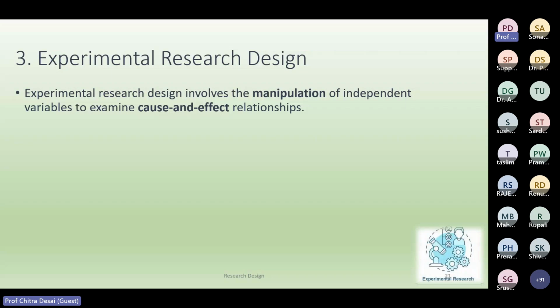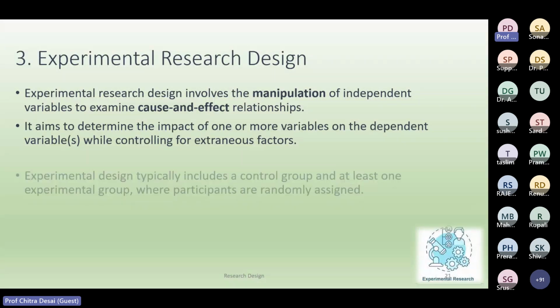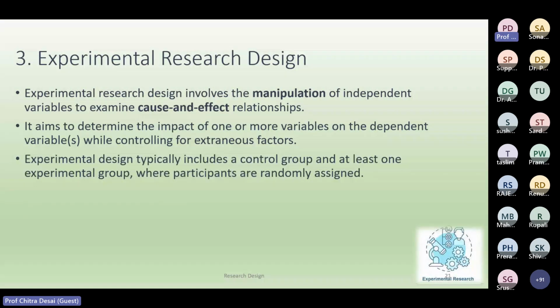So in experimental research design, the aim is to determine the impact of one or more variables on the dependent variable while controlling for the extraneous factors. These extraneous factors can be many, which I will explain with an example further. And in experimental designs, more often we are focusing on the impact of one variable on another.